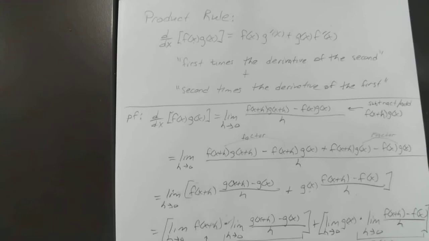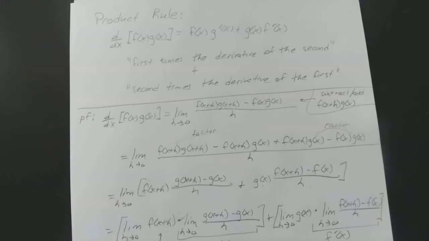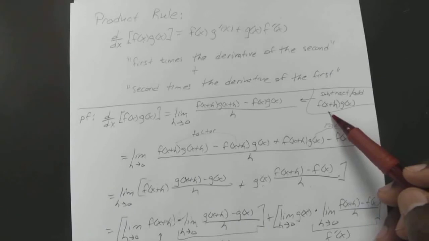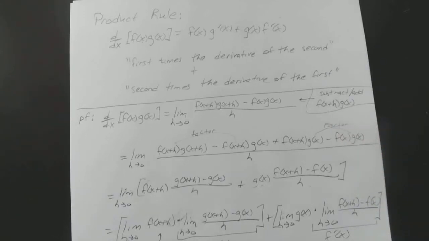There are different ways, because I know with this one I used to kind of get confused a bit. I was like, okay, do I add and subtract f of x, or do I add and subtract f of x g of x? So this is the one that worked. So if you remember just that part, even though it was taught to me, you still would forget what to subtract and add. But if you can remember to just subtract then add that, you'll be okay.